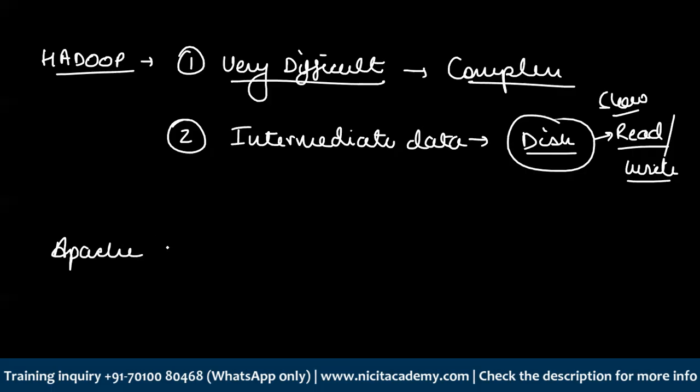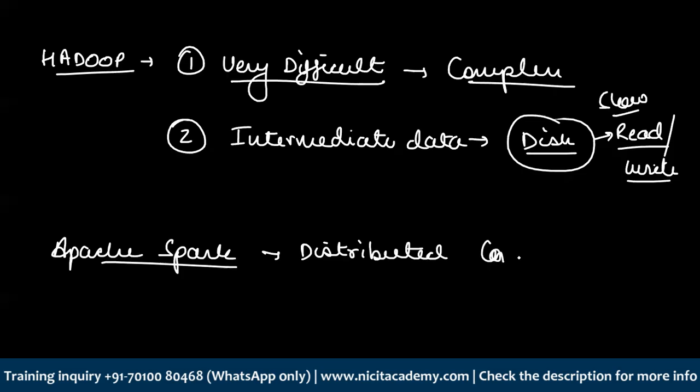Spark also uses distributed computing. Both Hadoop and Spark use distributed computing, but what Spark introduced was that instead of the very complex Java code you have to write, it gave multiple options.